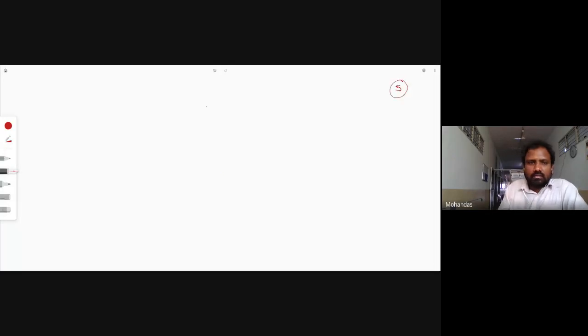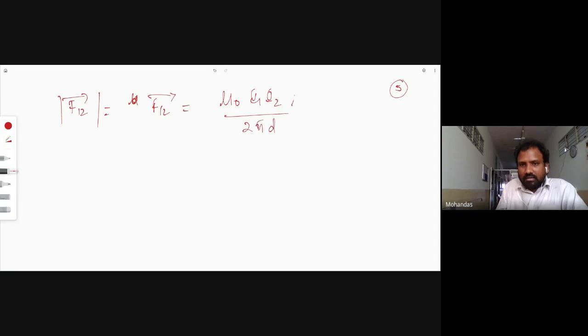5th slide. So F12 magnitude, what will it be? Only the component of AX should be taken. So which is equal to F12, we can also write. Which is equal to mu naught I1 I2 divided by 2 pi d into length L2. Only F12. This is magnitude. So this is F12 magnitude.